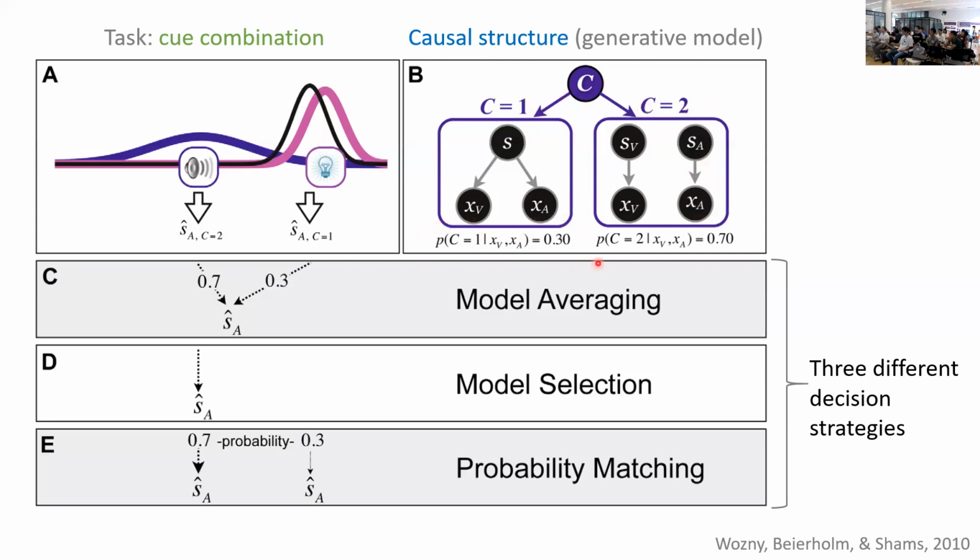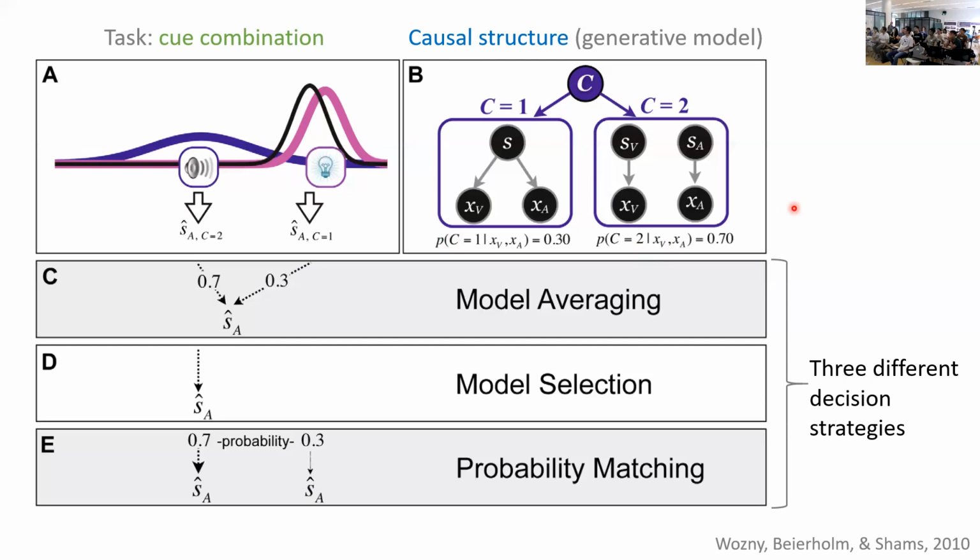In this plot, they give an example where they compute the probability that they come from the same source as 0.3, and the probability that the visual and auditory stimuli come from two different sources as 0.7. So this is basically just a typical generative model, and the Bayesian inference is not difficult.